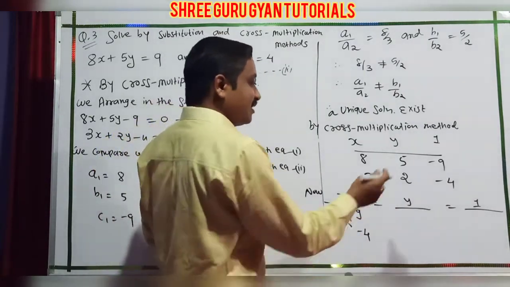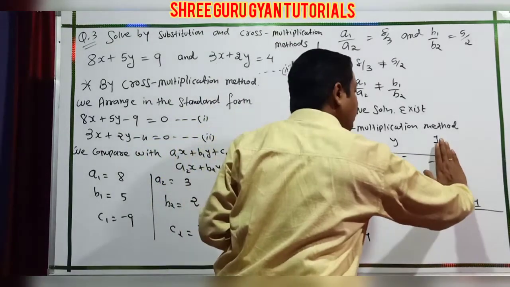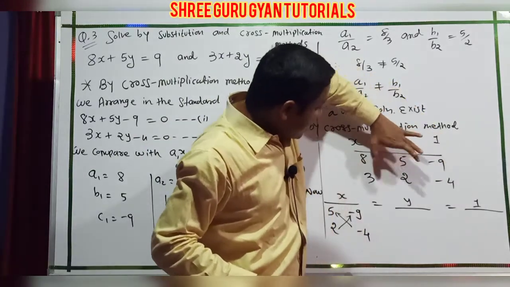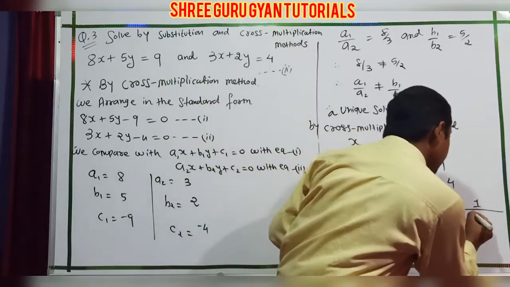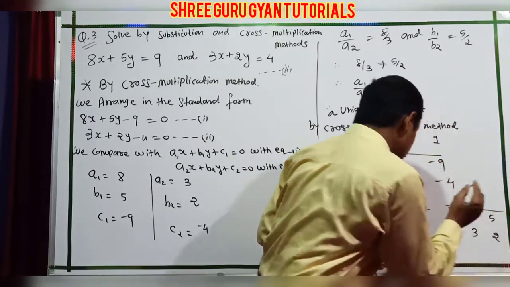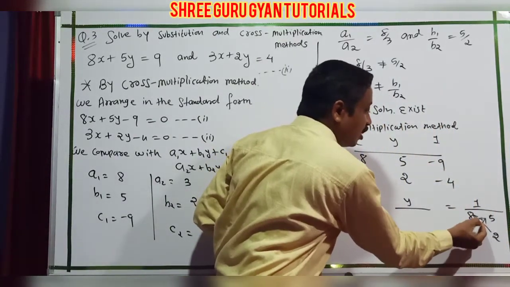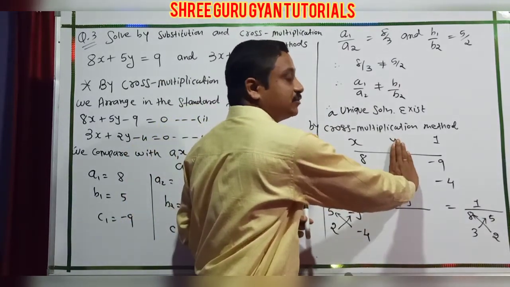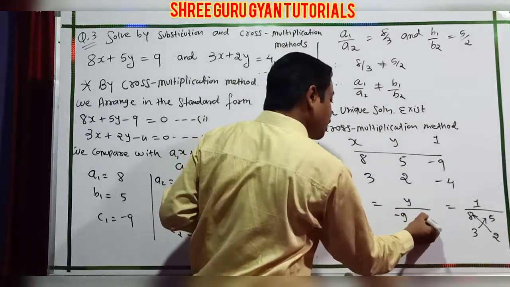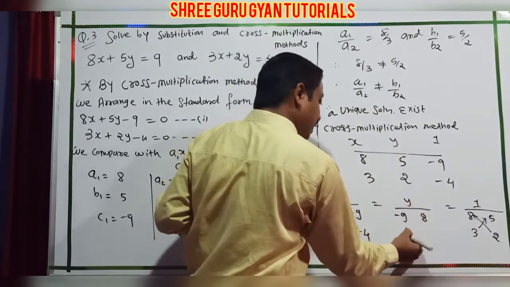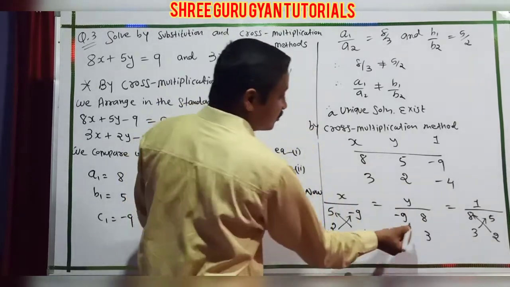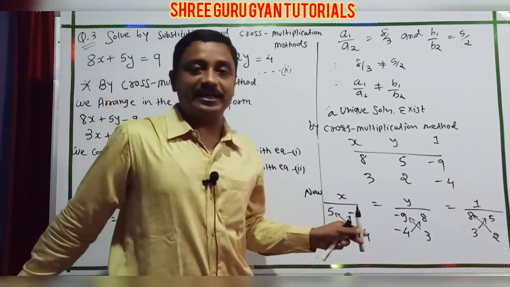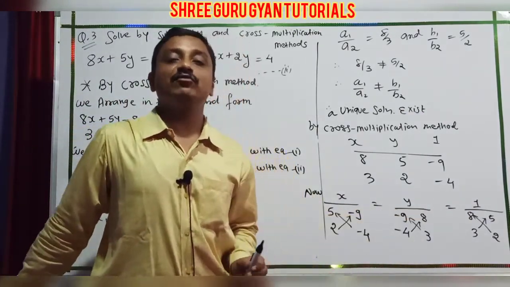Same for 1, the remaining are 8, 5, 3, 2, applying the cross multiplication symbol. And lastly y is the missing term, and the remaining are written in interchanged position, minus 9, 8, and minus 4, 3. So these are the values, and we get x, y and 1.